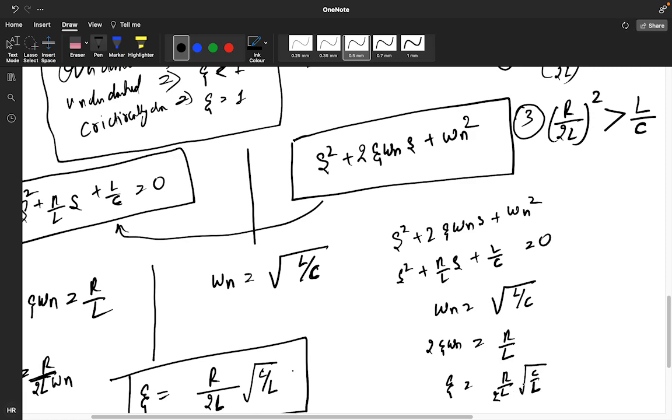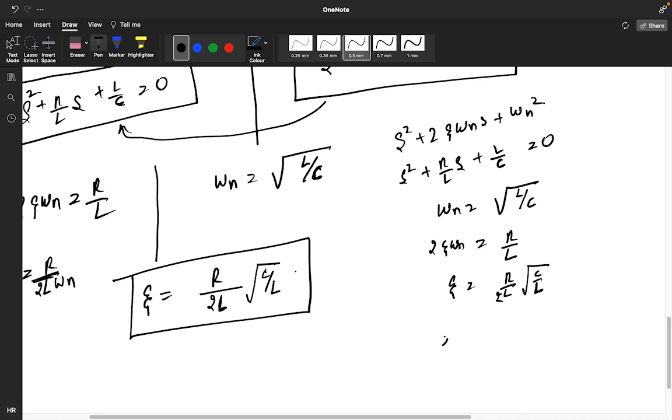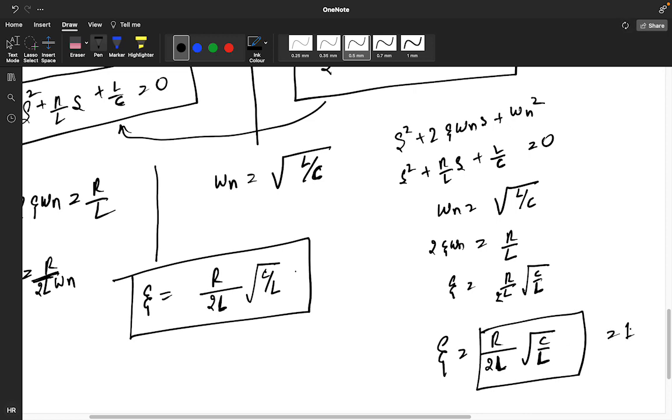When you put the zeta value as R by 2L times 1 over omega n, you get zeta equals R by 2L root under C by L. When you substitute the values, if this value is equal to 1, it means critical damped. If it is greater than 1, then it is overdamped, and if it is less than 1, then it is underdamped.